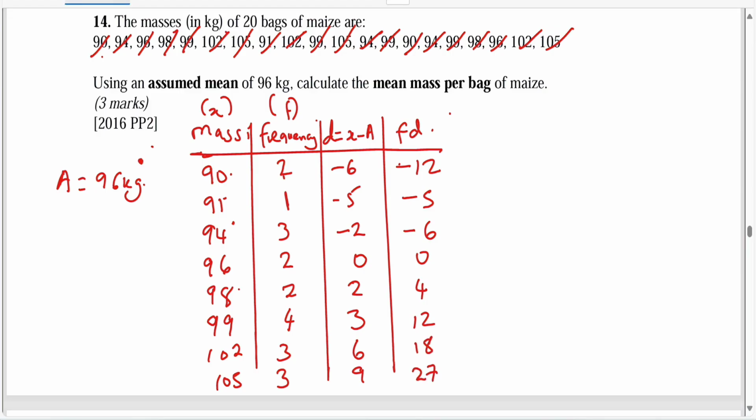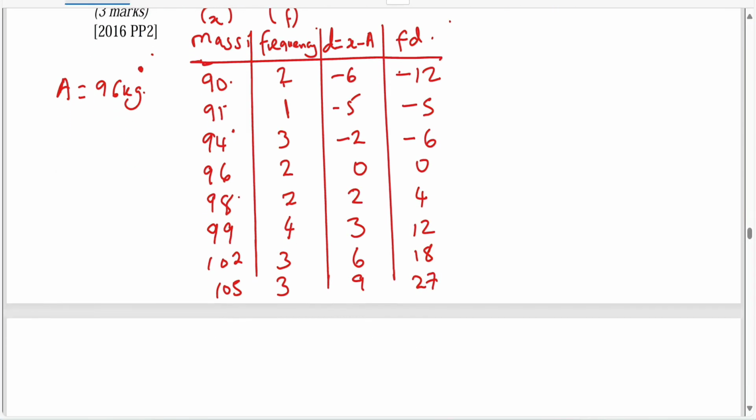Now you need the sum of frequency and the sum of FD. To find the sum of frequency, add all the frequency numbers: 2 plus 1 plus 3 plus 2 plus 2 plus 4 plus 3 plus 3, which is 20. So the sum of frequency is 20.